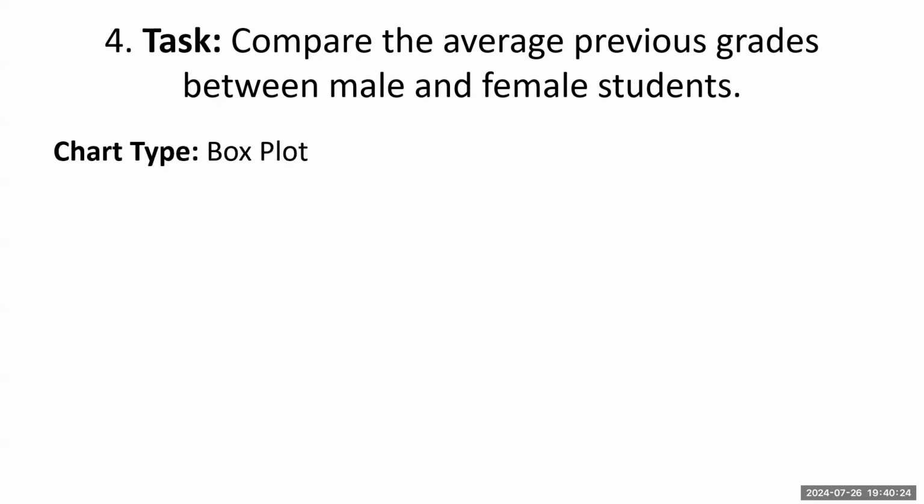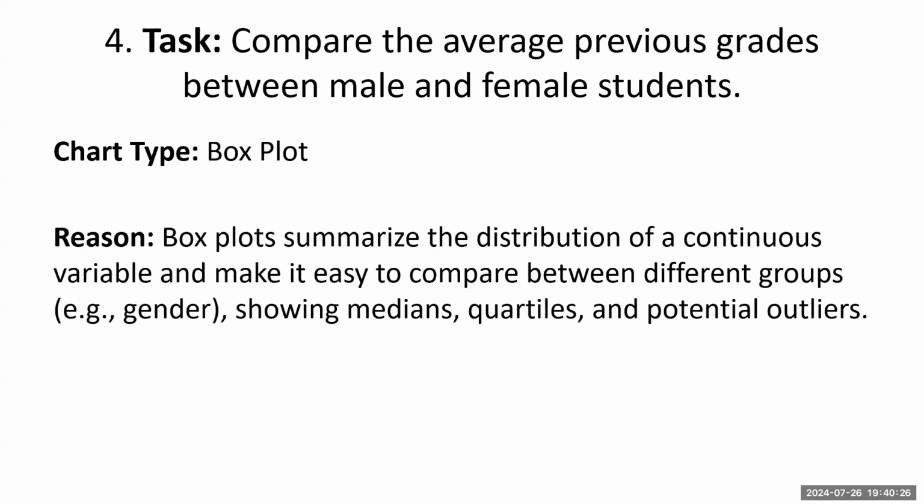So the answer is box plot. A box plot summarizes the distribution of a continuous variable and makes it easy to compare between different groups, showing medians, quartiles, and potential outliers.